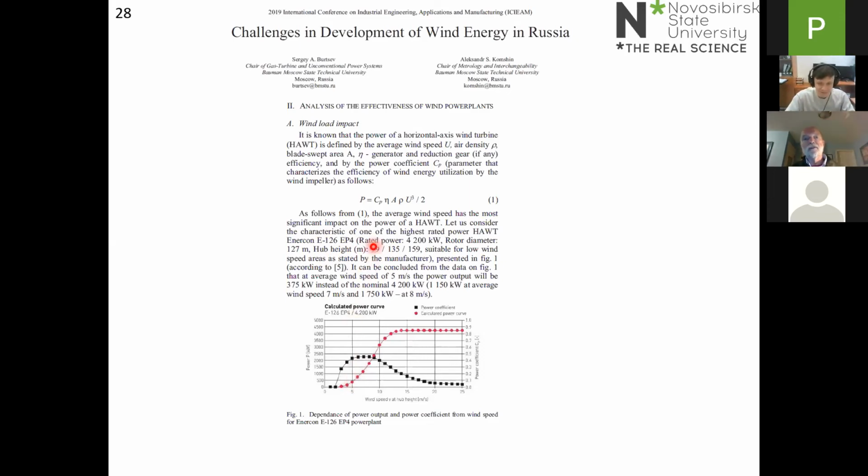The authors of this paper have fallen into a very common trap of doing wind resource assessment based only on the power curve, as this red curve is called, of the wind turbine. You might like to think what could be the mistake in doing that. If you have an average wind speed of 5 meters per second, why don't you just simply go along to 5 meters per second on the power curve and look at how much power you get out?